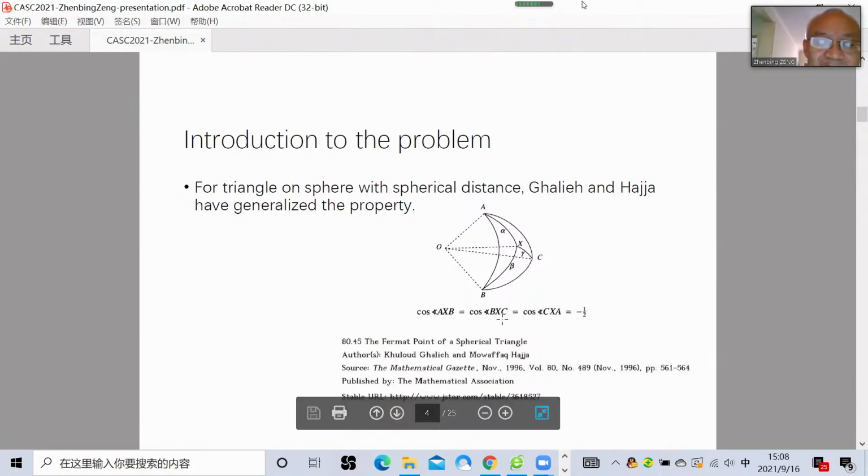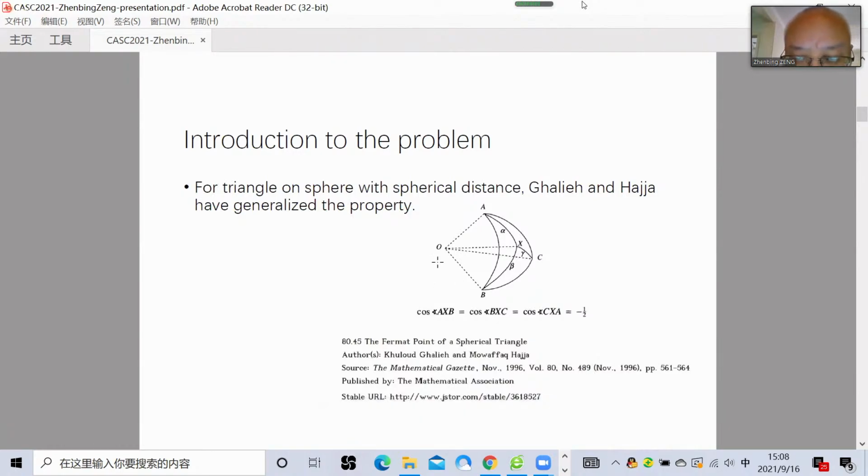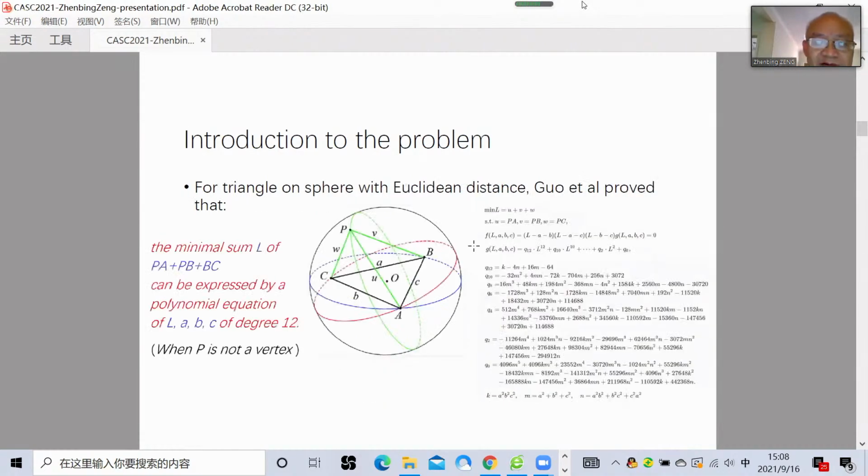And this page shows a result of Gallier and Haja. So we just go to the next picture, which was for the Euclidean distance.